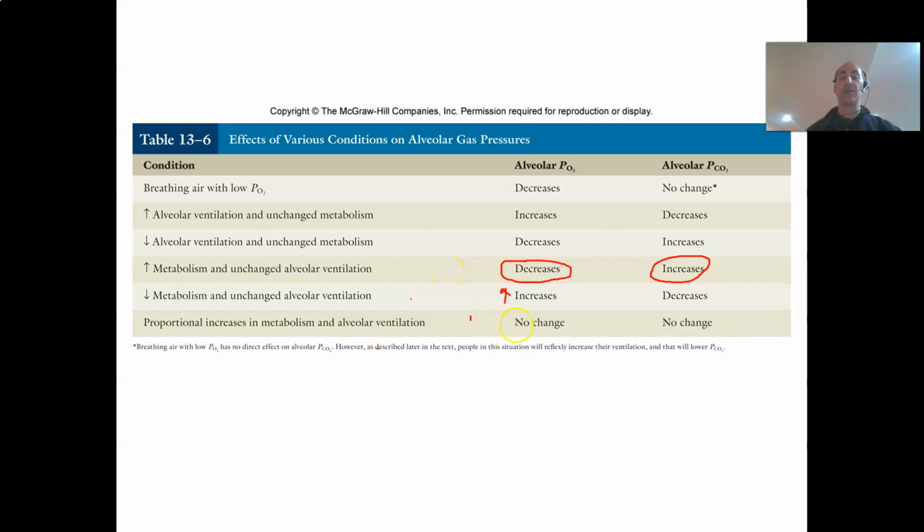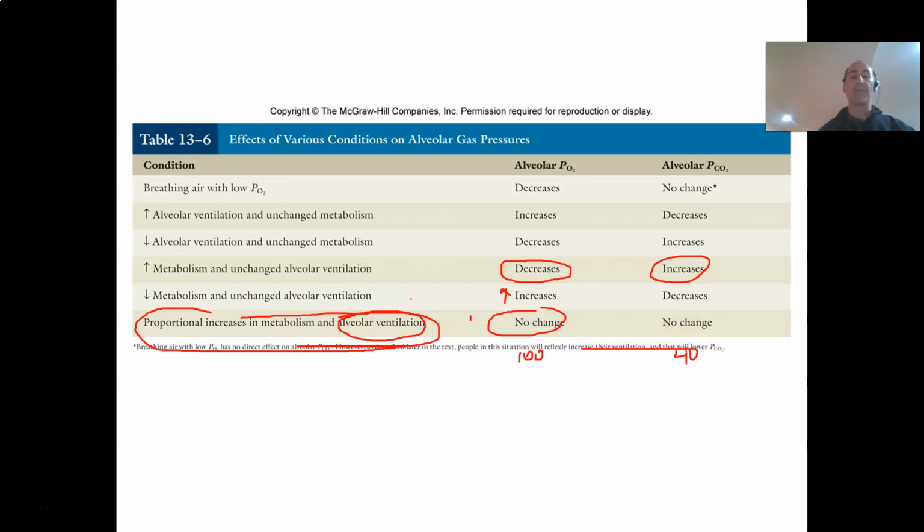And there's no change. So you can certainly increase your metabolism and your ventilation. And if you do them in a proportional manner, then you get no change in the PO2, stays at about 100, and no change in PCO2, it stays at about 40.